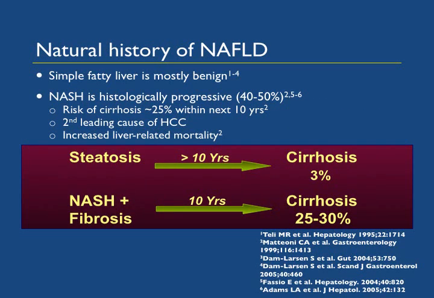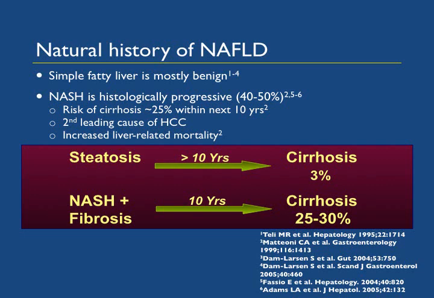Now, why is it important to know whether patients have either NAFL or NASH? In general, simple fatty liver, or NAFL, appears to be mostly benign. The progression to cirrhosis over time is very rare, whereas NASH is histologically progressive. The risk of cirrhosis is about 25% within the next 10 years after diagnosis.